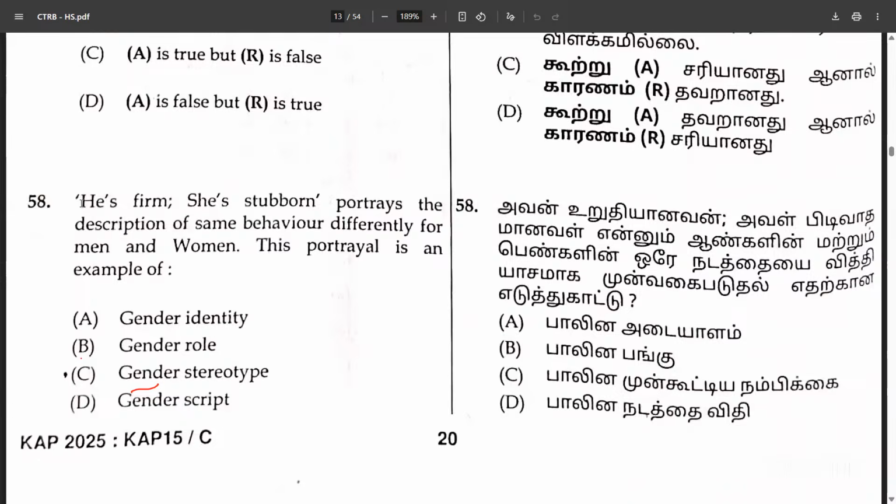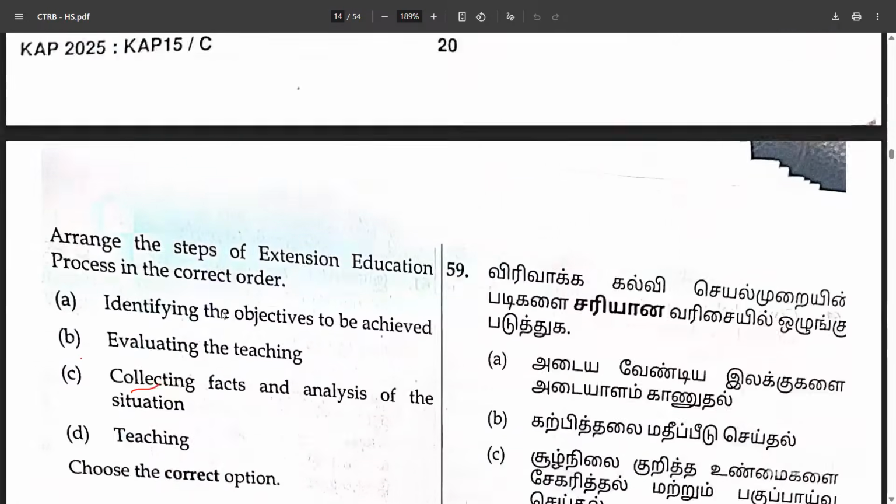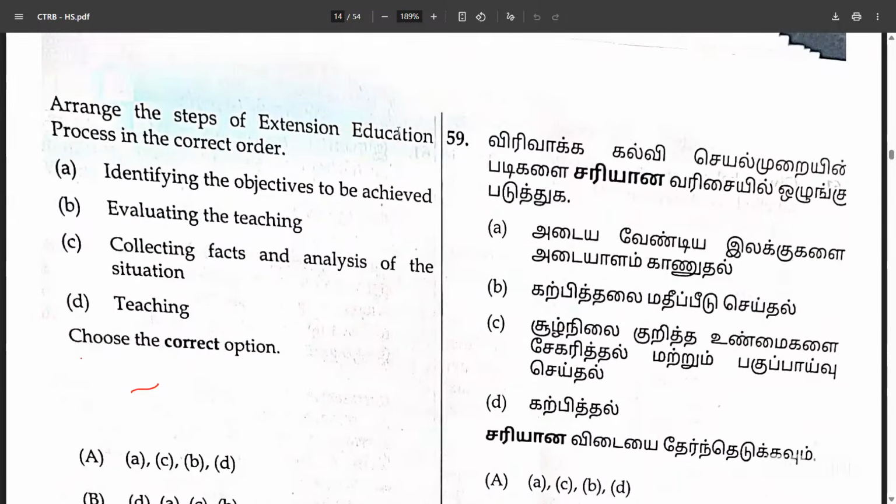Coming to the 58th question here, he's firm, she's stubborn, portrays the description of the same behavior differently for men and women. This portrayal is an example of, so you have to tell which example it is: gender identity, gender role, gender stereotype, gender script. So C will be the right answer. It is the gender stereotype. Coming to the next question, which is 59, arrange the steps of extension education.